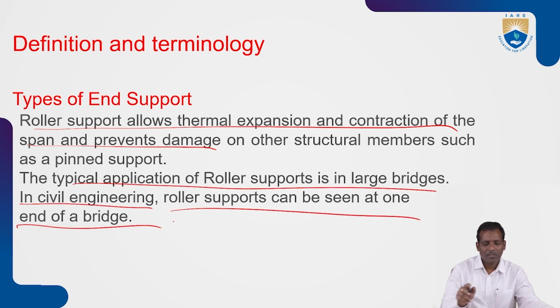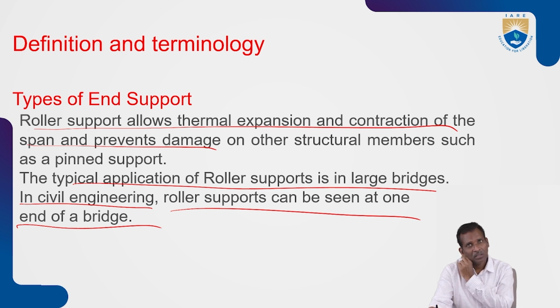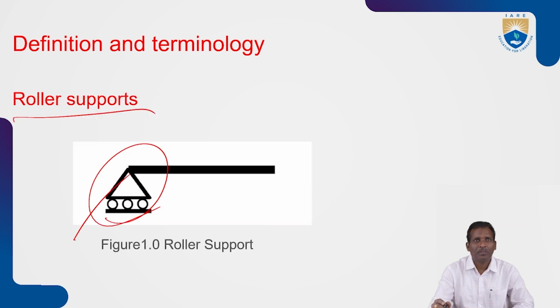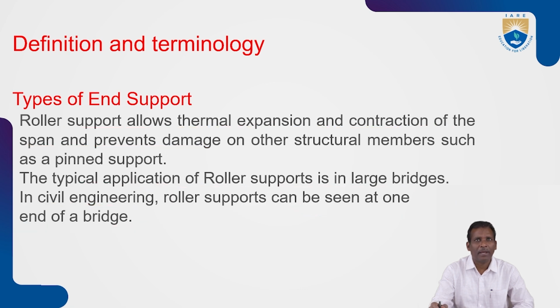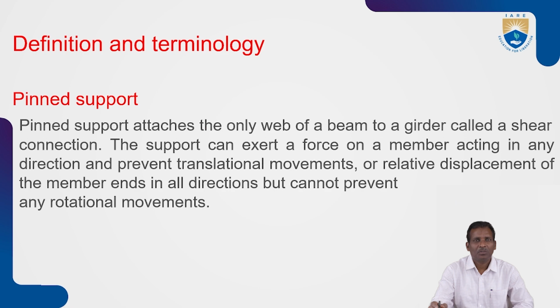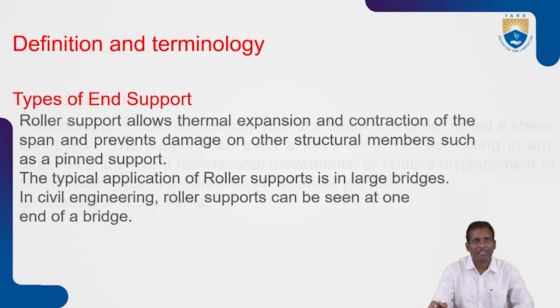Roller supports can be seen at one end of a bridge. You can see this type of end support, the roller support. The main advantage of this support is that it prevents damage due to thermal expansion and contraction.